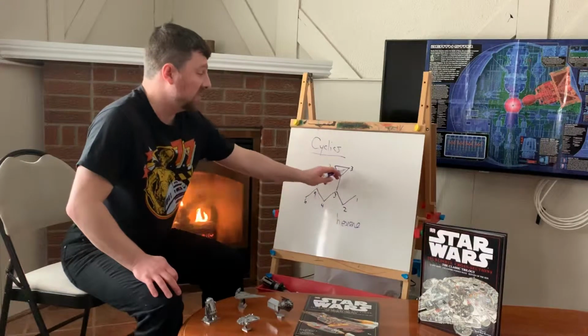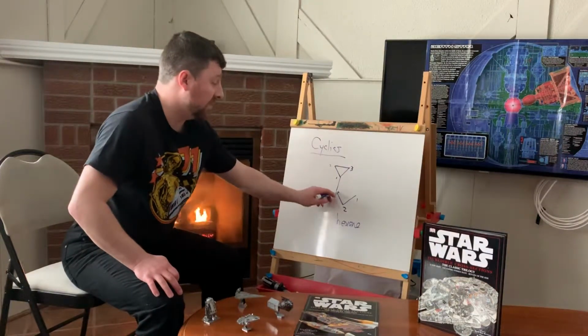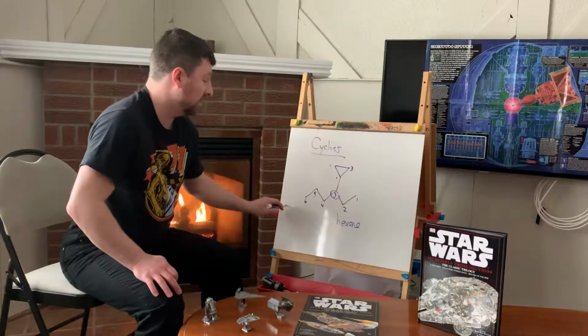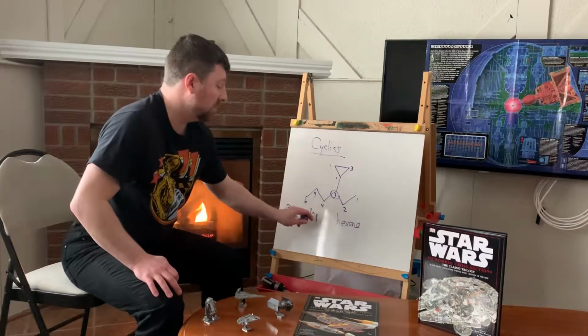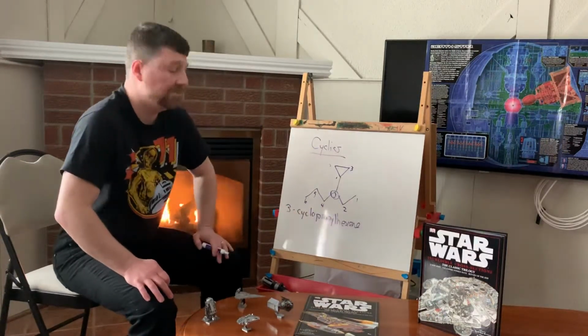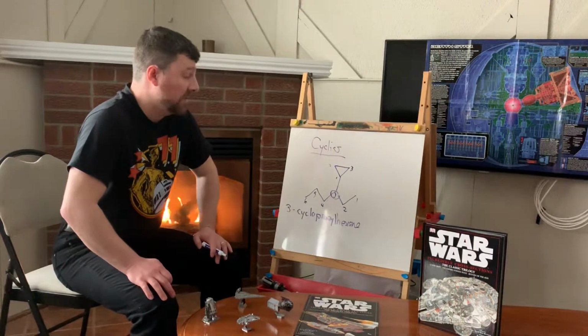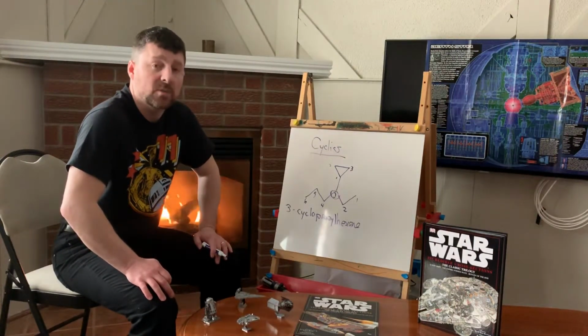Right? So it's going to be a cyclopropyl branch. And it's on the 3rd carbon of our main chain, so we're going to call it 3-cyclopropyl hexane. And I think that pretty much covers all of alkane nomenclature.